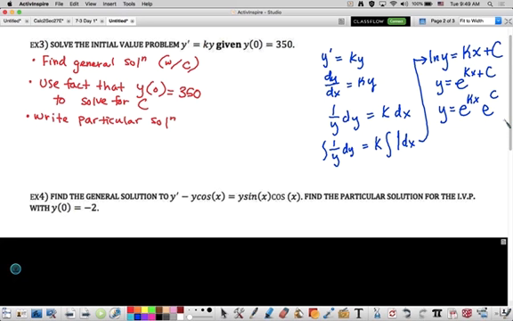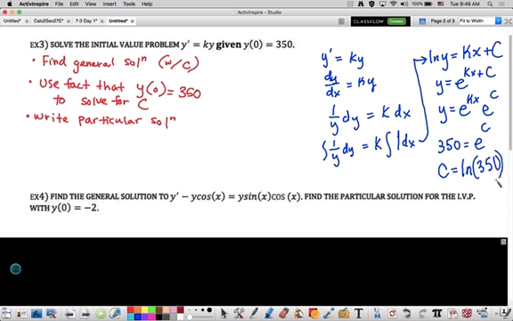All right. Now solve with y of 0. They told me the initial value was 350. So 350 equals e to the power of k times 0. That just gives me e to the 0, which is 1. So this is equal to e to the power of c, which means c equals natural log of 350.